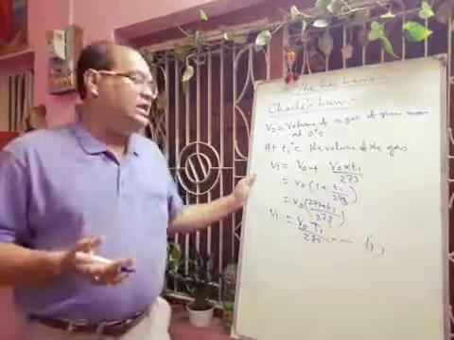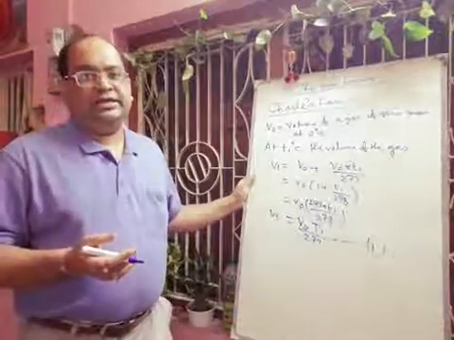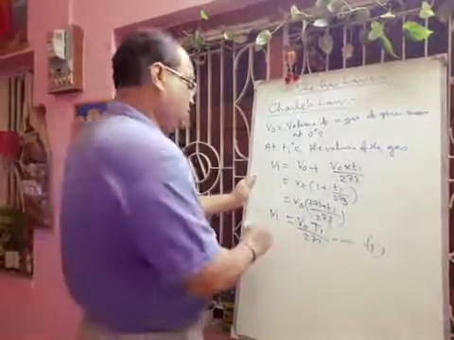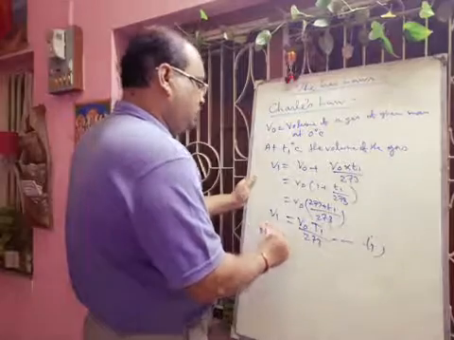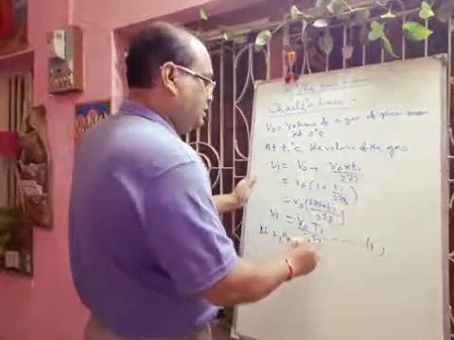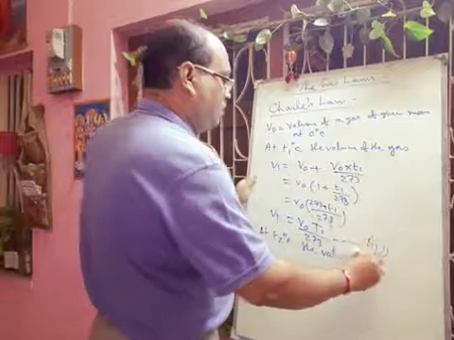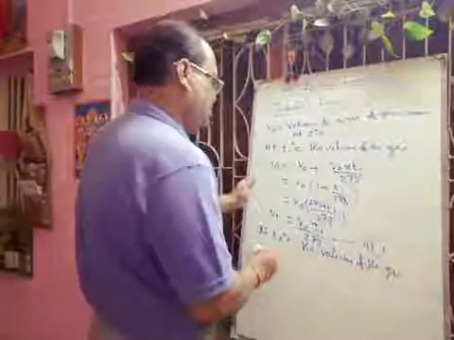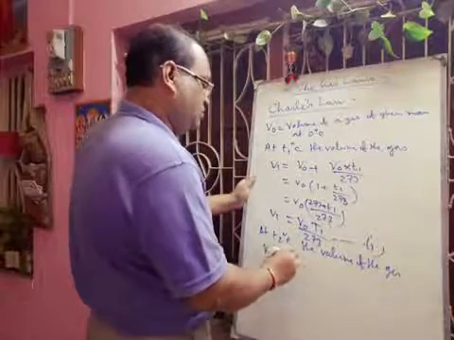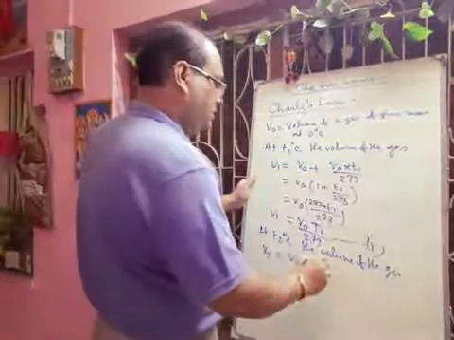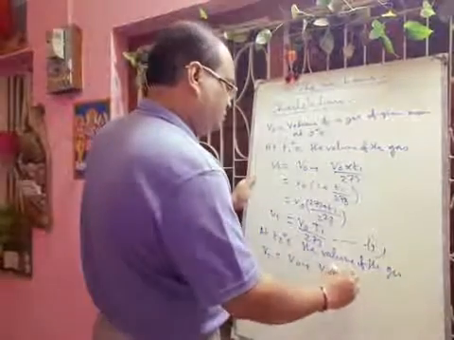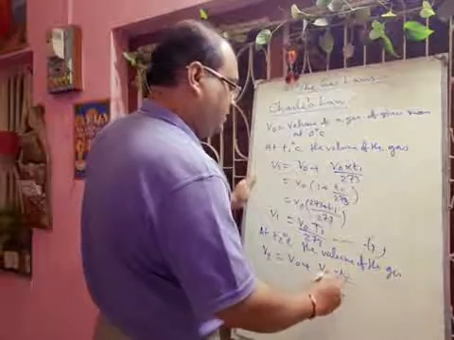Next, similarly at T2 degree centigrade, the volume of the gas will be V2. V2 is equal to V0 plus V0 into T2 divided by 273.